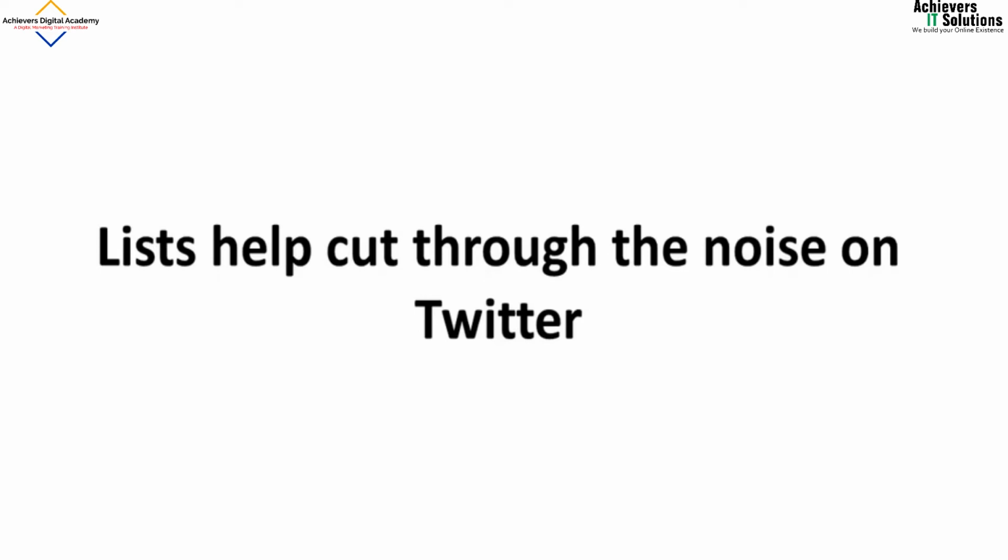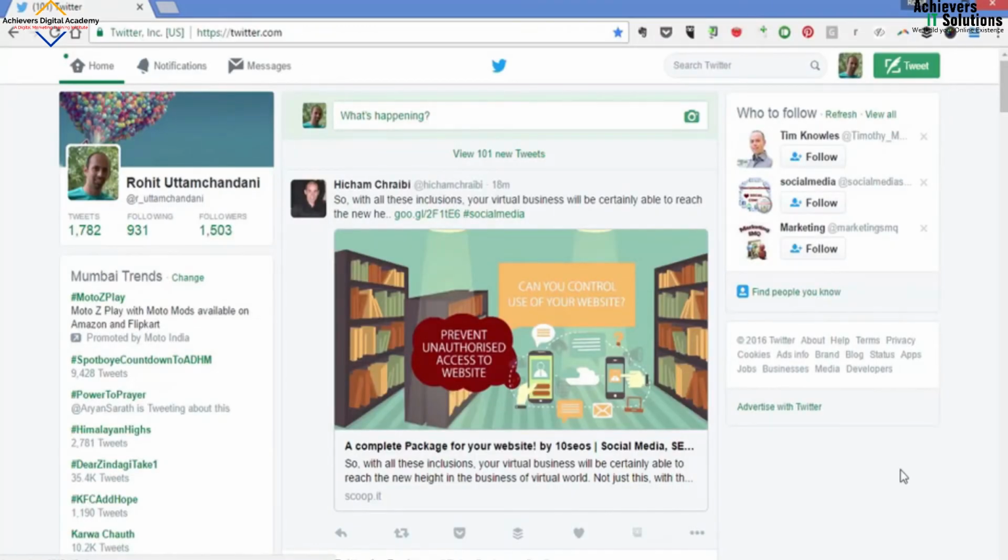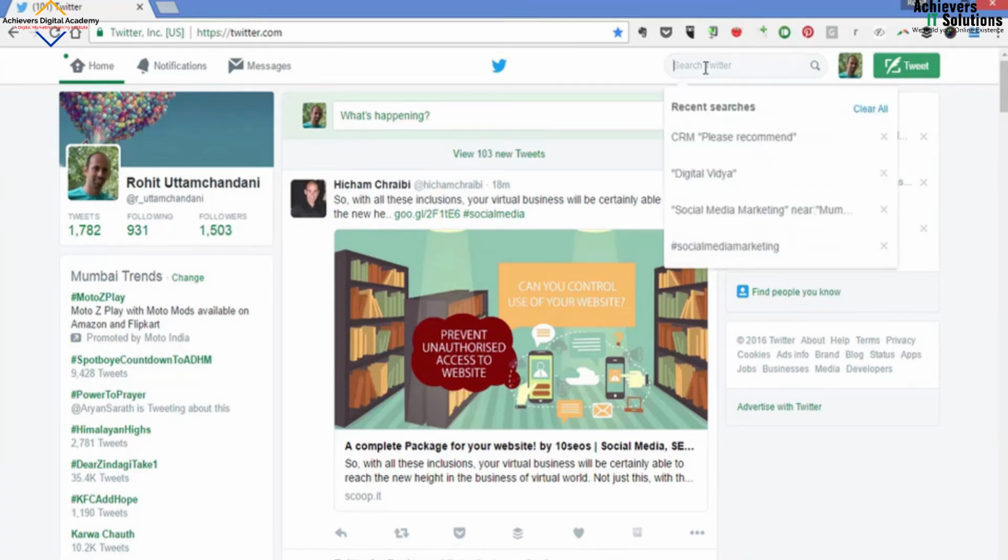So let's go to Twitter and first see how do we create a list. So let's say we want to create a list of influencers in the social media marketing space whom we can follow and stay up to date with what's happening in the space, the latest news, the latest insights.